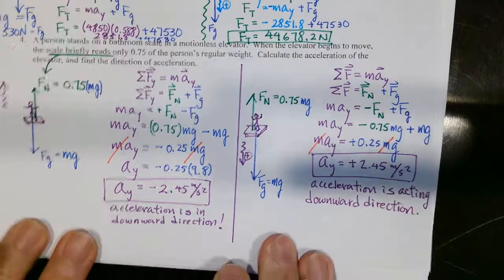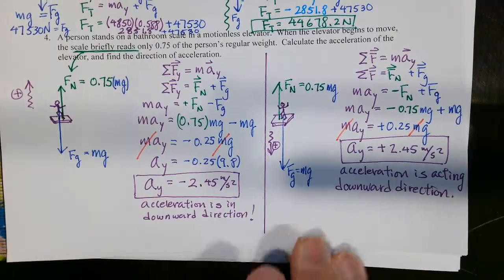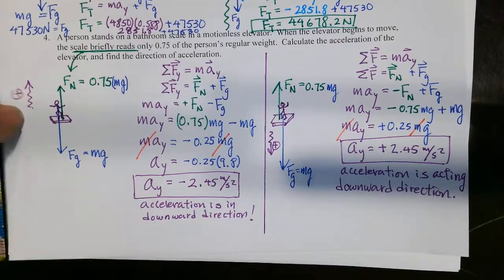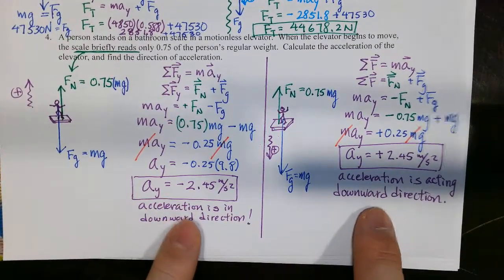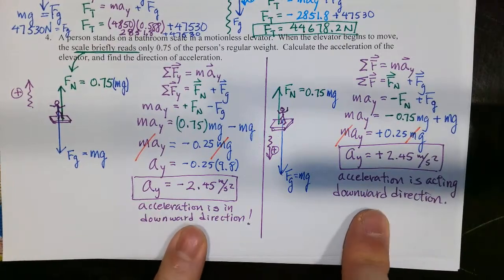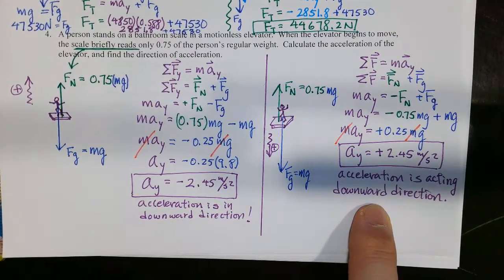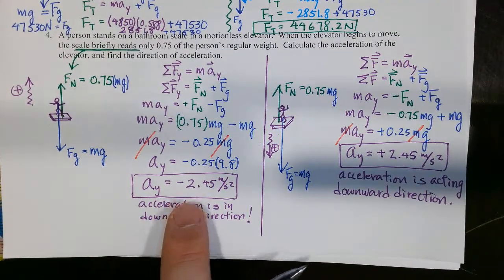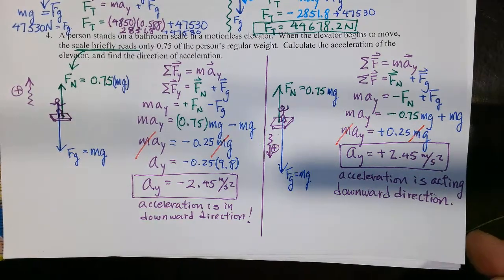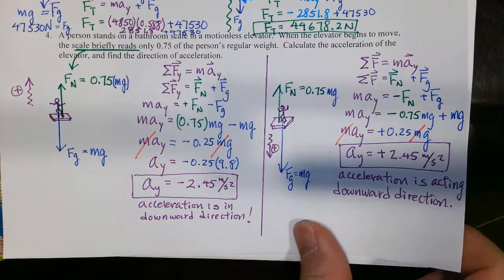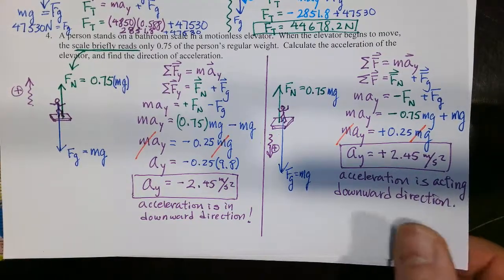So whether you guessed correctly or incorrectly, you should still be able to interpret correctly. All right? So just because you got negative, you don't panic. You just have to know how to analyze what you got. All right? Any questions? All right. Very good.